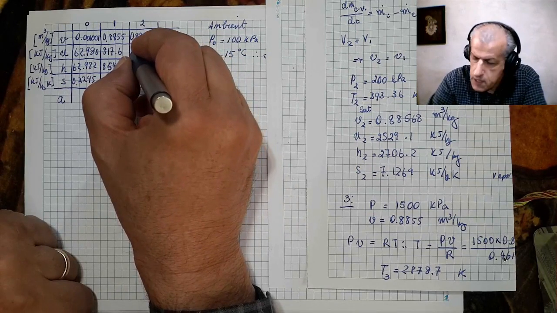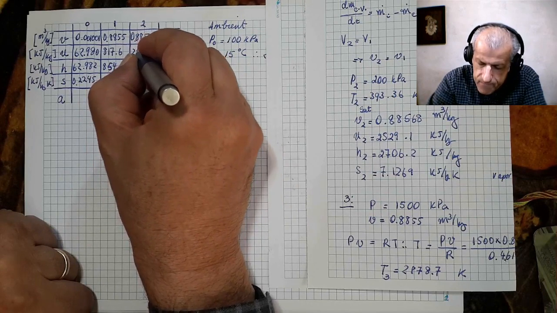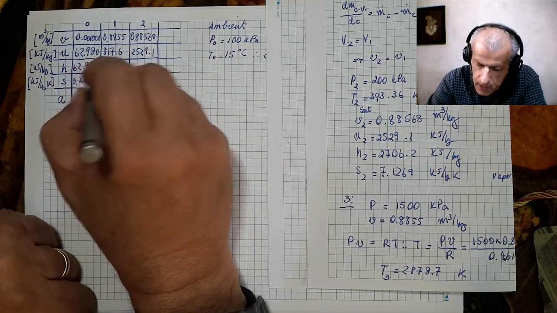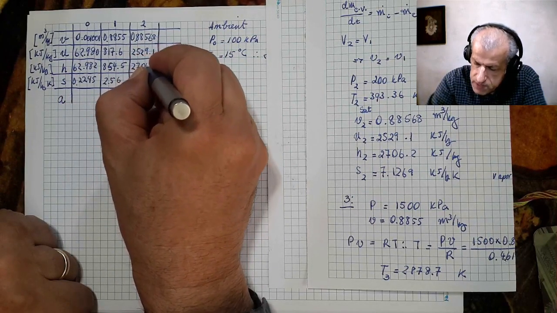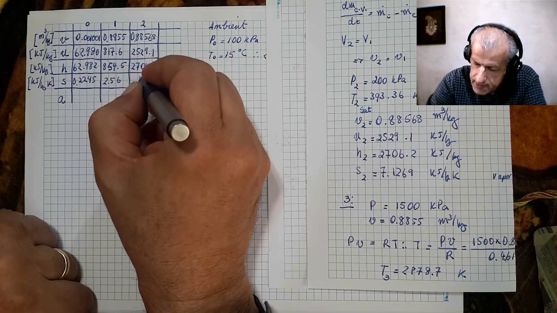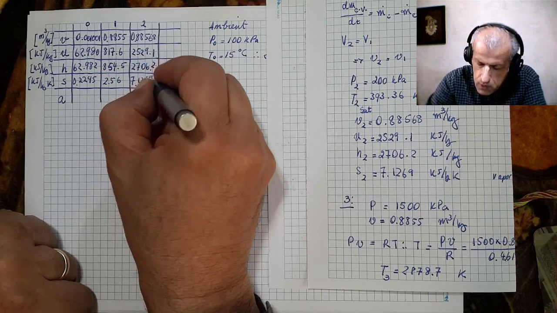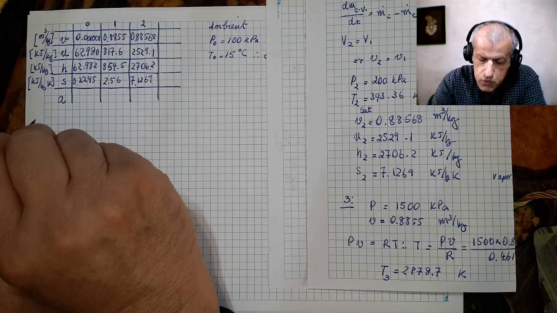U2 is 2529.1. H2 is 2706.2, and S2 is 7.1269. So these are the values for point 2.